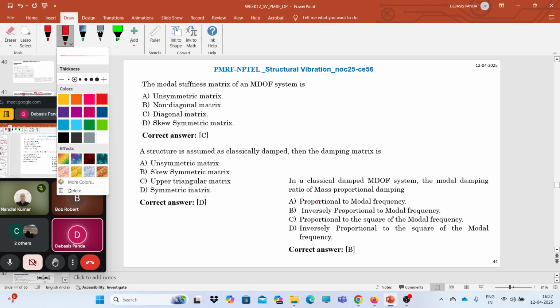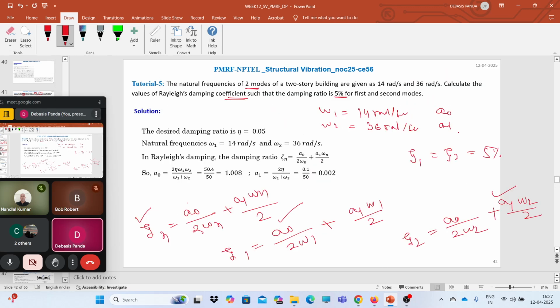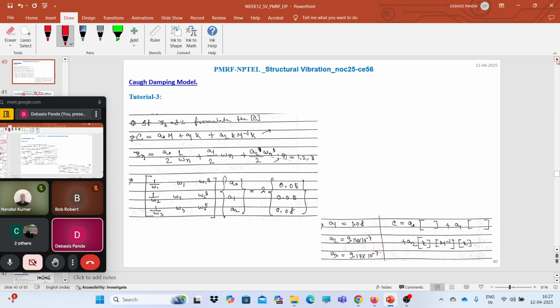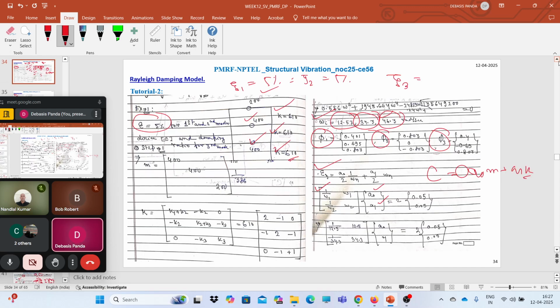In a classically damped MDF system, the modal damping ratio of mass proportional damping. Look into this equation, zeta n. So mass proportional is this, right? Is the mass proportionality directly or inversely proportional? Tell me.